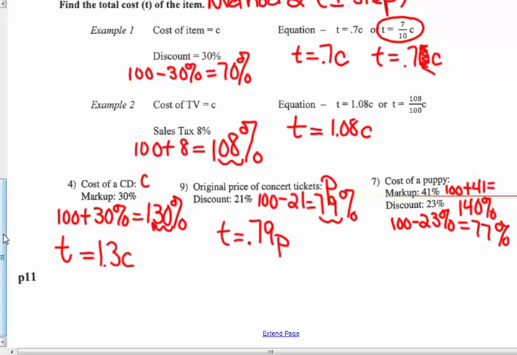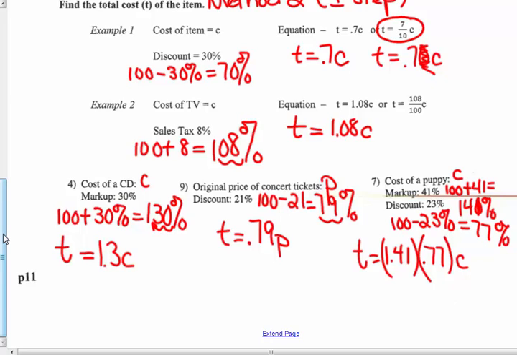To find the cost of the puppy, let's say C for cost, the total would be, first mark it up 41%, so that would be 1 41/100ths. And then give a discount of 23%. That would be 77% of what he originally cost.